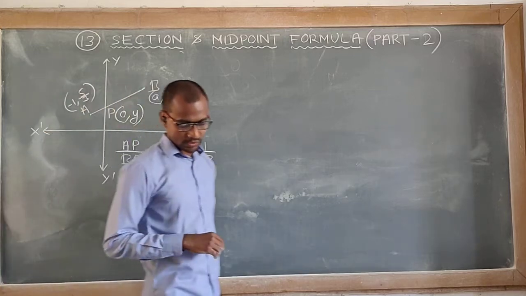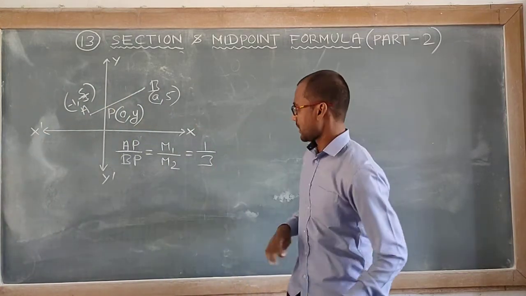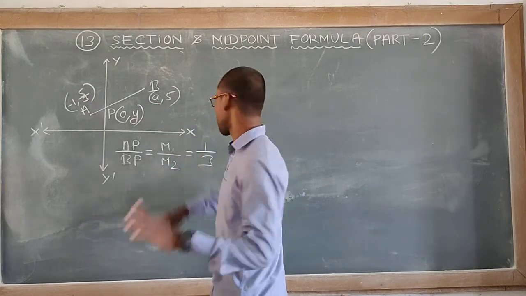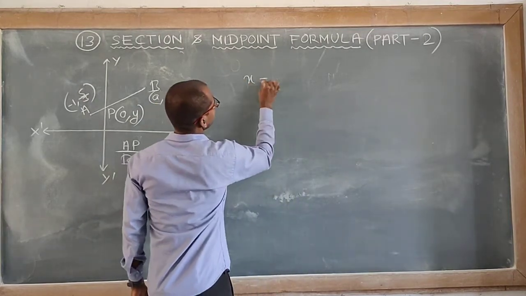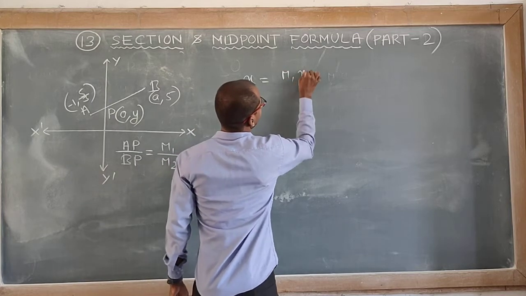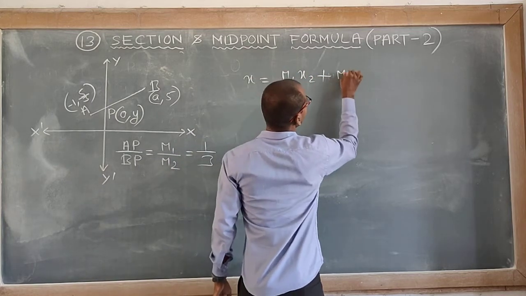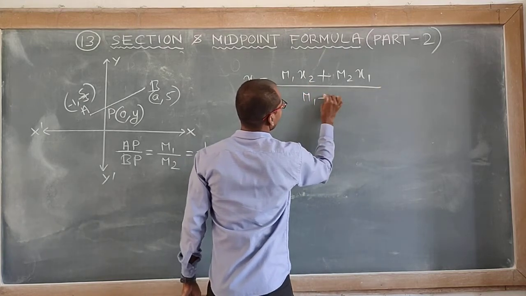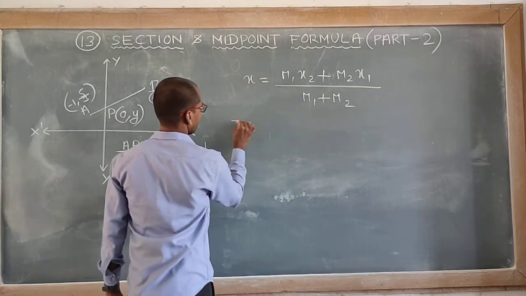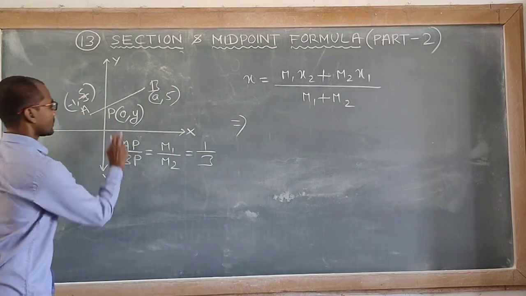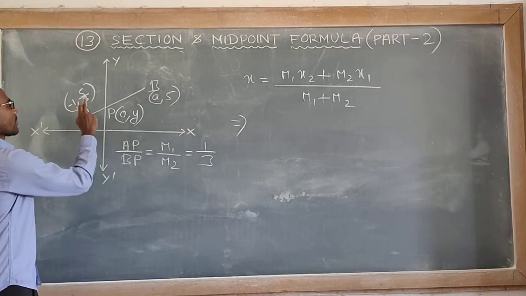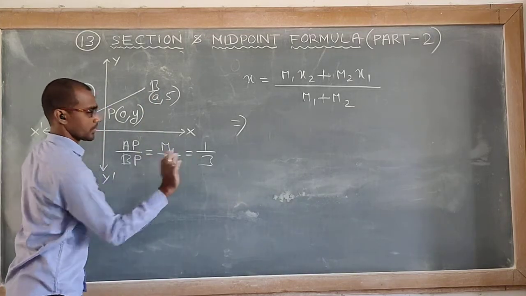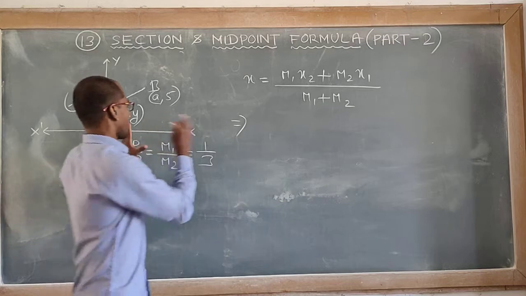So our first target is to find the value of a. Since a is an x coordinate, we use the formula x is equal to (m1 x2 plus m2 x1) by (m1 plus m2). Here x1, y1 is point A, x2, y2 is point B, m1 is 1 and m2 is 3.